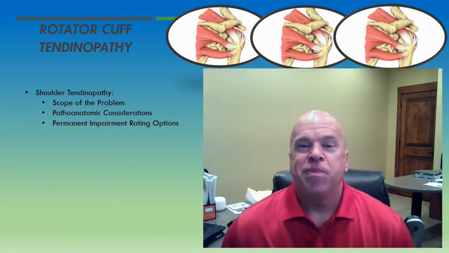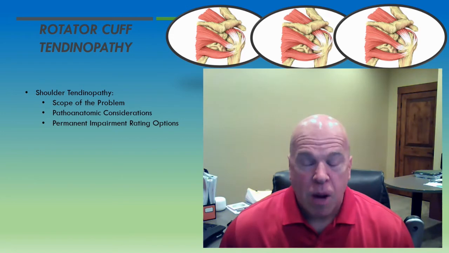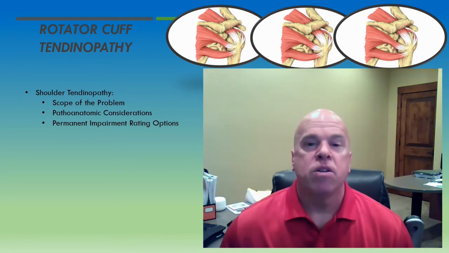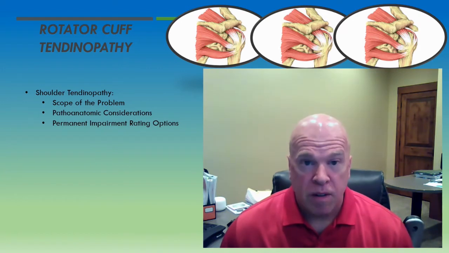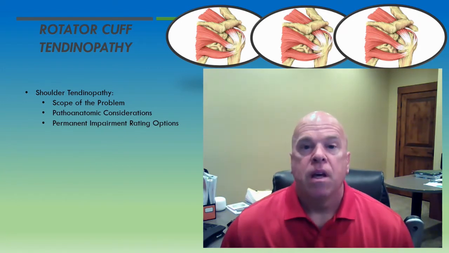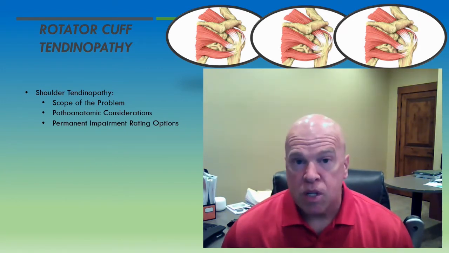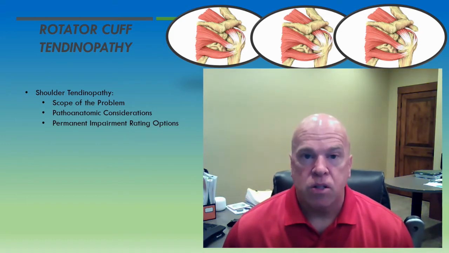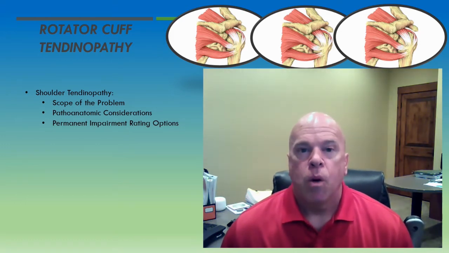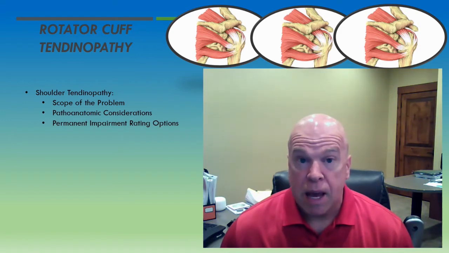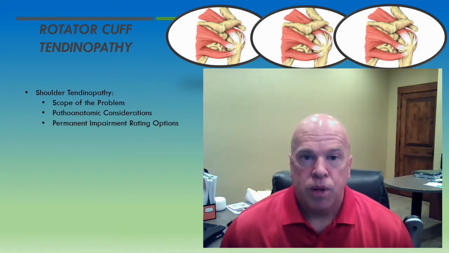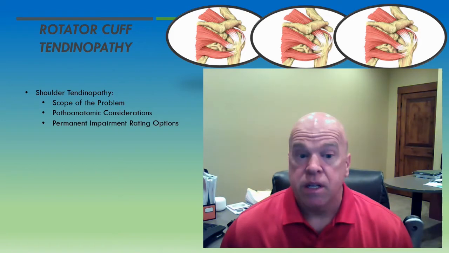And then finally, for those examinees who come to you and who report a failed response to conservative treatment efforts and who have persisting symptoms and activity limitations at the permanent and stationary evaluation, I want to share with you some of the range of options that you have available to you for providing for permanent impairment for these examinees who complain of shoulder tendinopathy conditions.